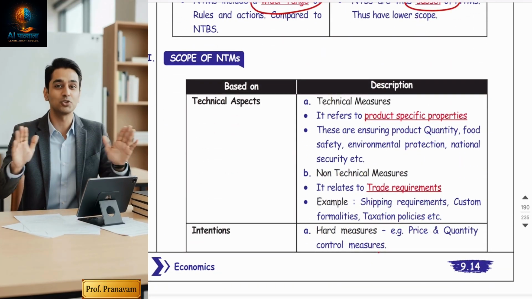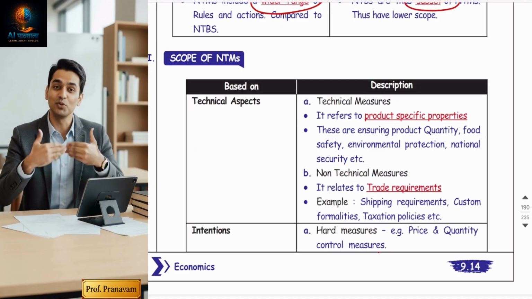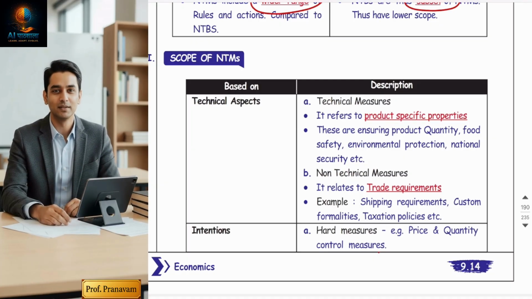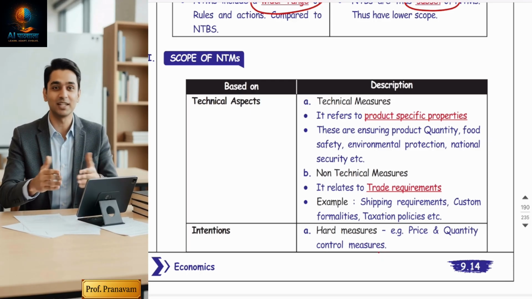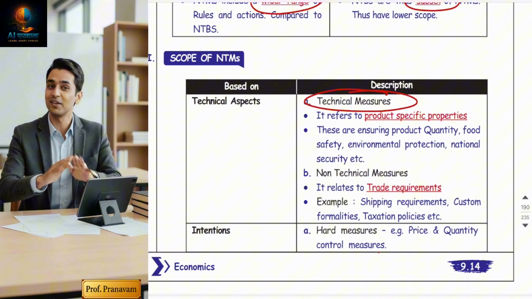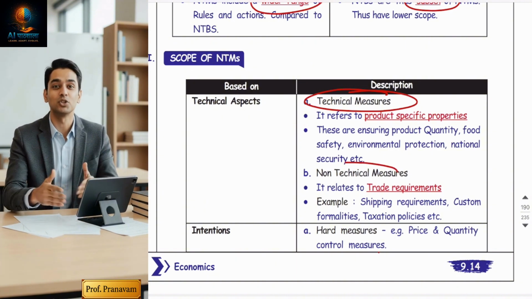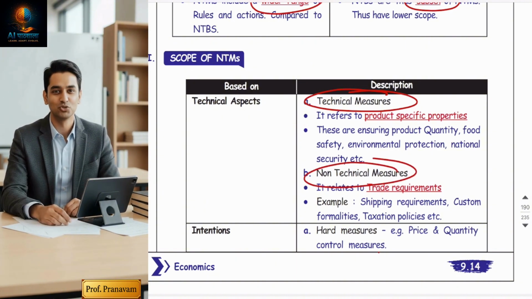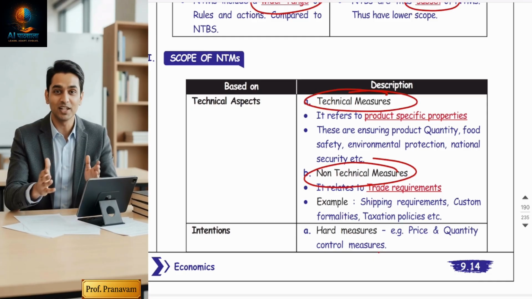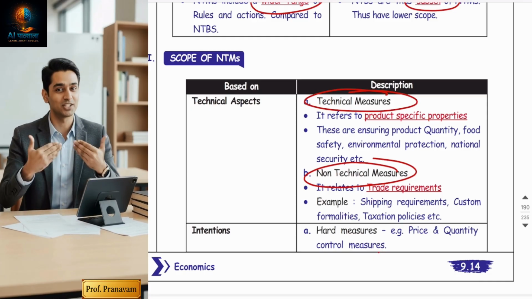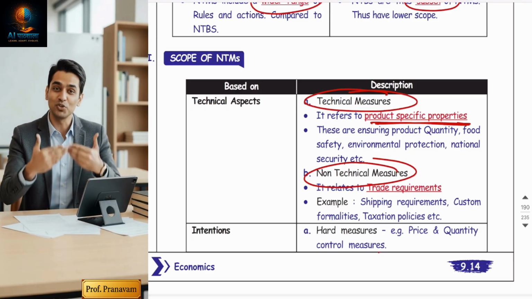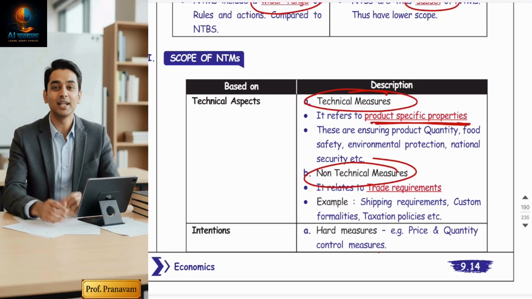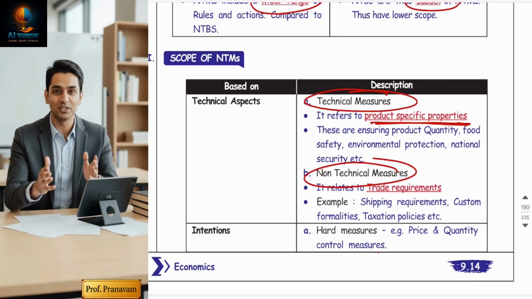So let's understand the basic classifications of non-tariff measures. Now, what are the types of non-tariff measures? Non-tariff measures are classified into technical measures as well as non-technical measures. Guys, technical means it is related to specific products, like their quality, quantity, packing, shape, size, whether they are hazardous, less pollution, color, fragrance.